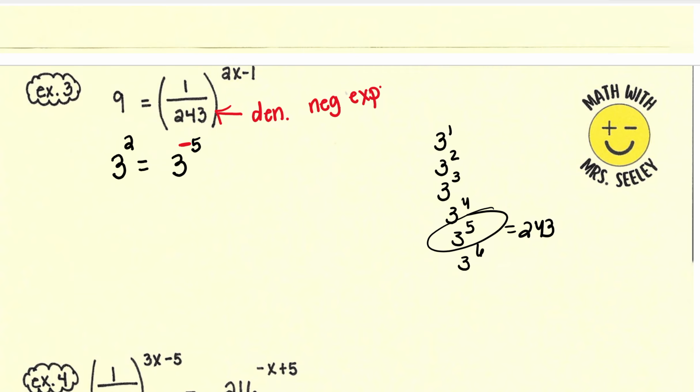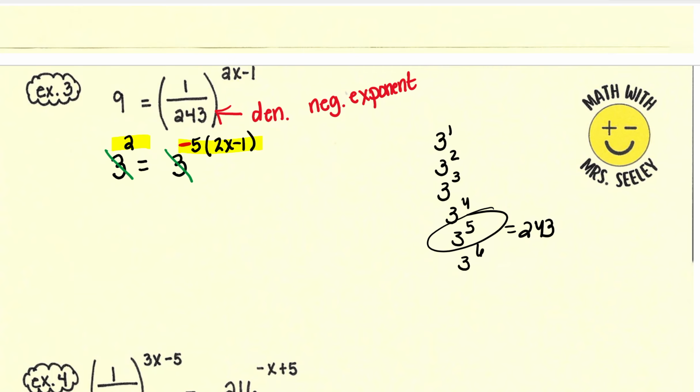So when you see that your number is in the denominator, you have to make sure that you know a negative exponent is how it got down there. Then bring down your 2x minus 1. We have the same base. Drop those bases, and let's set those exponents equal to each other.